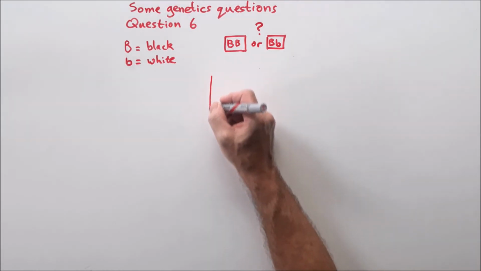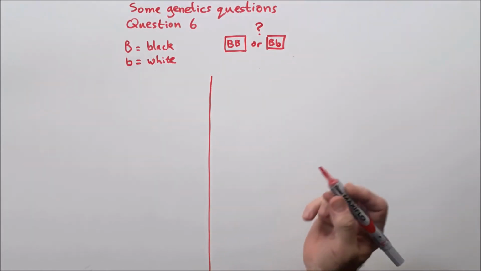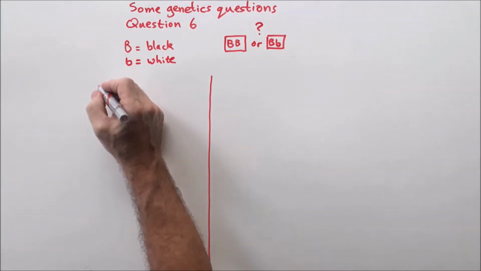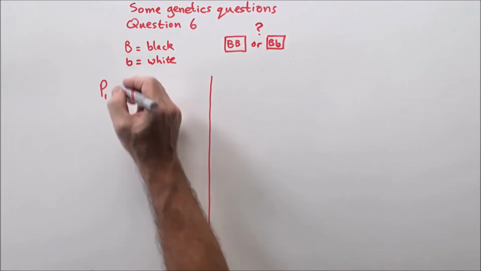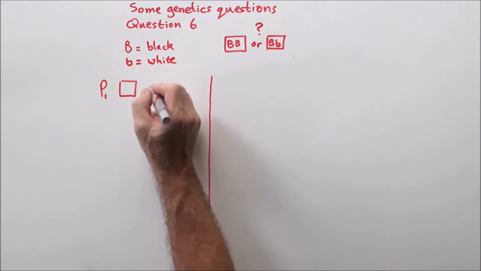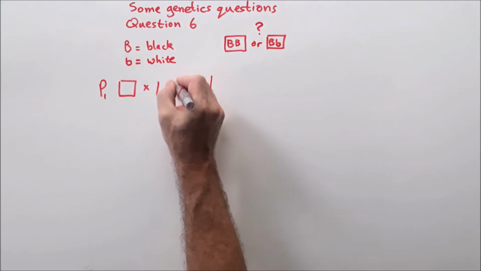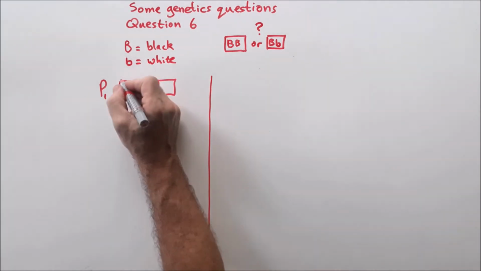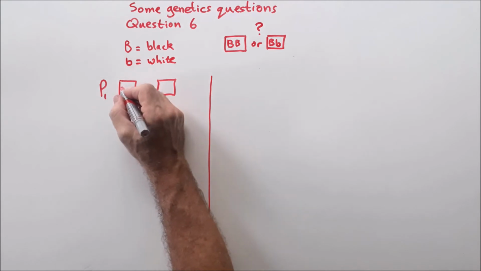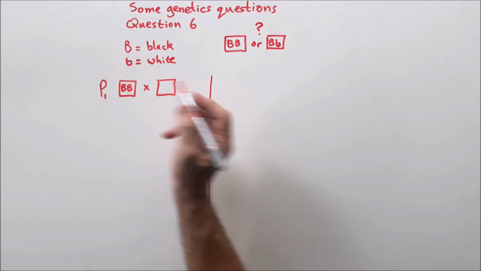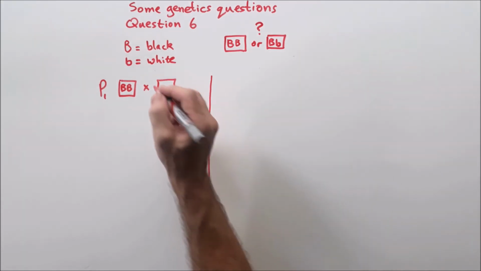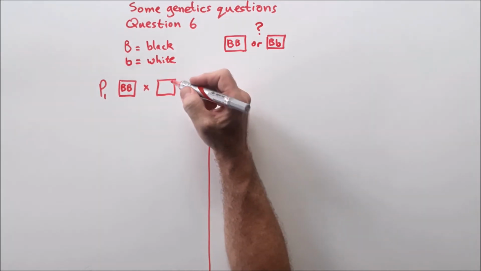To do that, I'm going to just draw a line down the middle of my board here. So if the P1 generation was like this, and this is how we set out the P1 generation, super duper neatly, and his black pig was big B, let's assume it's big B, big B, homozygous black, and he's going to mate it with a white sow.